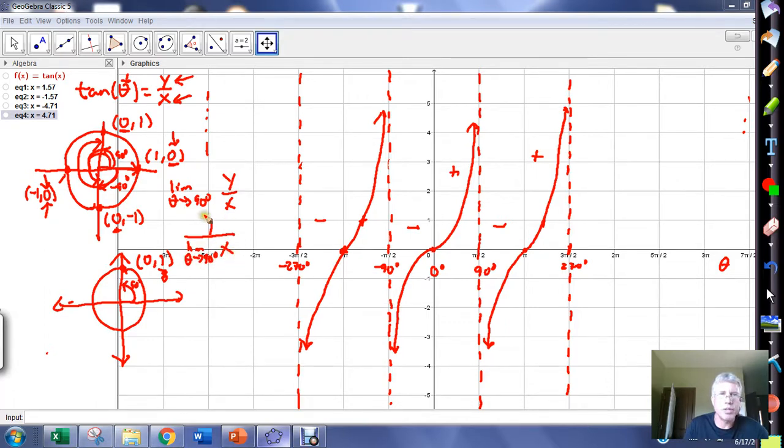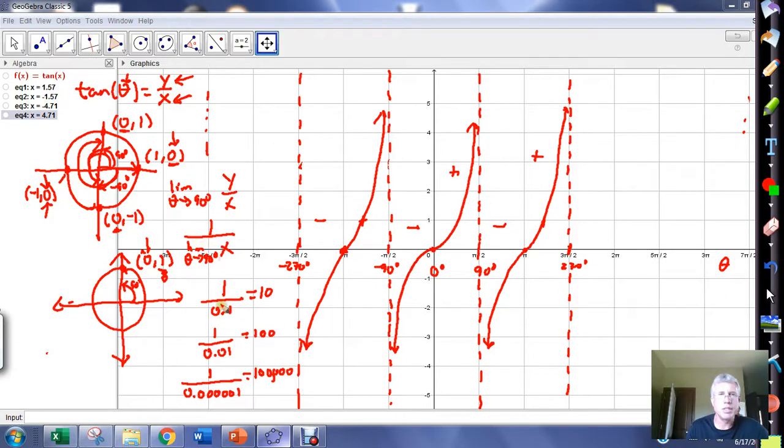Where does the x-coordinate go? The limit as theta goes to 90 of the x-coordinate. Well, the x-coordinate is getting closer and closer to 0. So if it gets closer and closer to 0, let's say 0.1, 0.01, what do we get? 1 divided by 0.1 is 10, 1 divided by 0.01 is 100, and 1 divided by 0.00001 is 100,000.